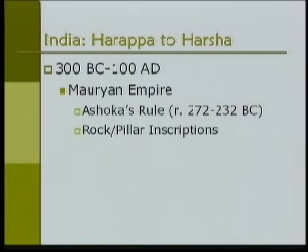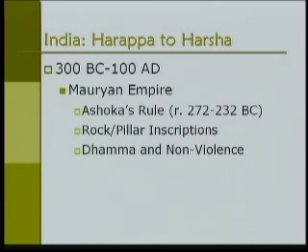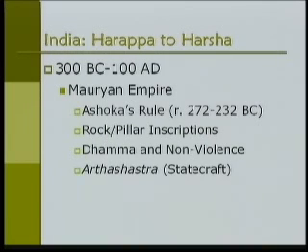Ashoka converted to Buddhism, and is known so much for his rock and pillar inscriptions, in which he used different languages: one in eastern India, another in northwestern India, and Greek on top of it. He lived by that great Hindu principle called Dhamma, or the moral law, and he practiced non-violence in his rule, in his state politics.